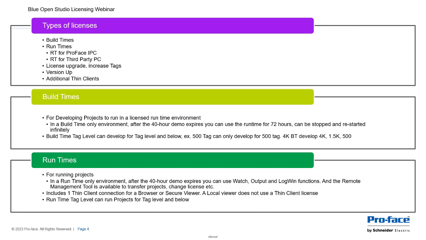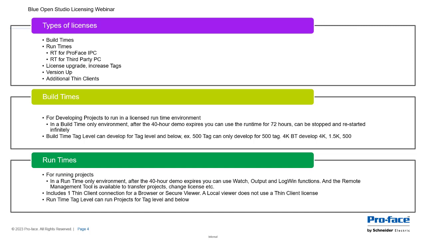Okay, so when we take a deeper dive into the build times, they are for developing projects to run in a licensed runtime environment. Okay, in the build time only environment, after the 40-hour demo expires, you can use the runtime for 72 hours. So it means if you have only a build time license, the runtime will run for 72 hours unlicensed, and then it can be stopped and restarted infinitely.